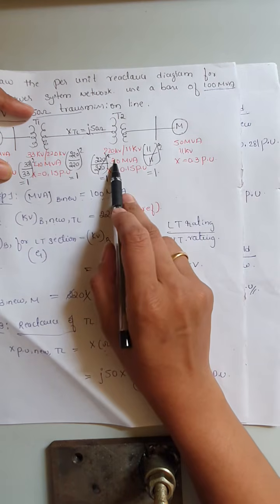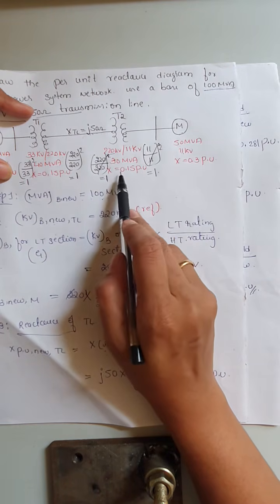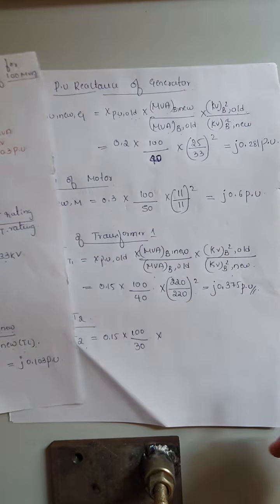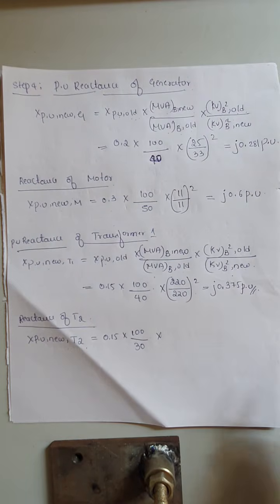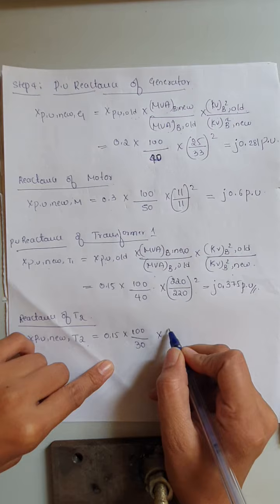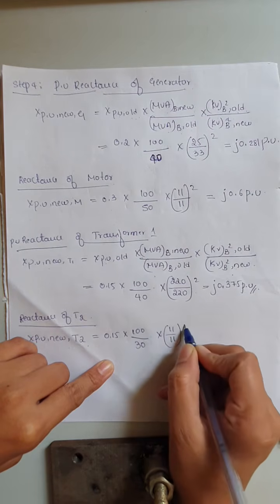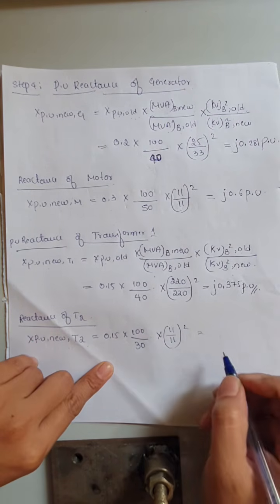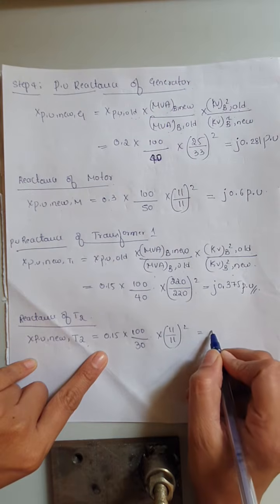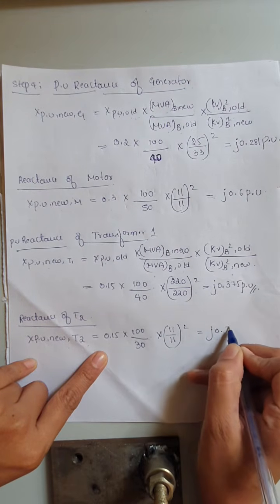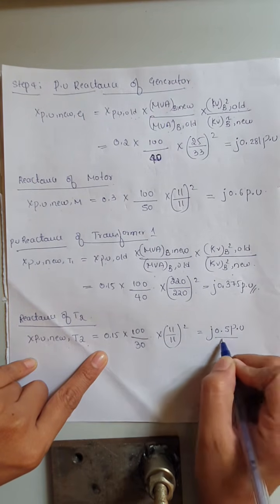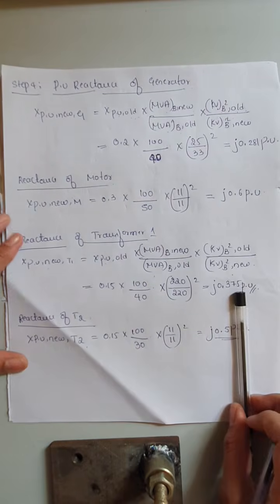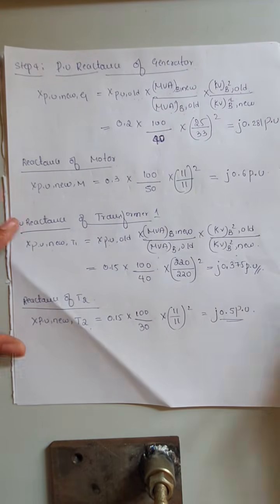Both the primary side and the secondary side give the same answer, so you can consider either side in the reactance calculation. I have taken the secondary side data, 11 by 11, and after substituting we will get j0.5 per unit.